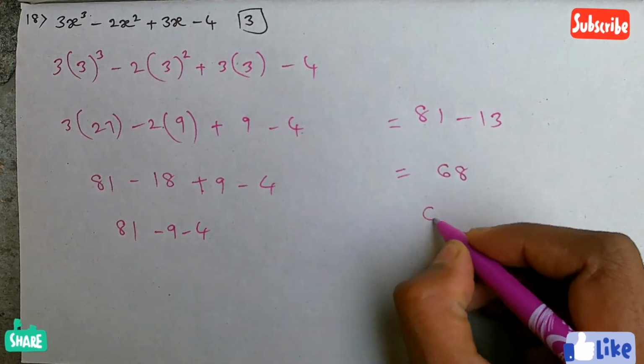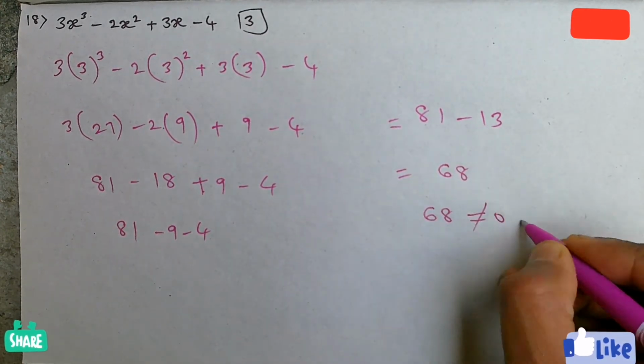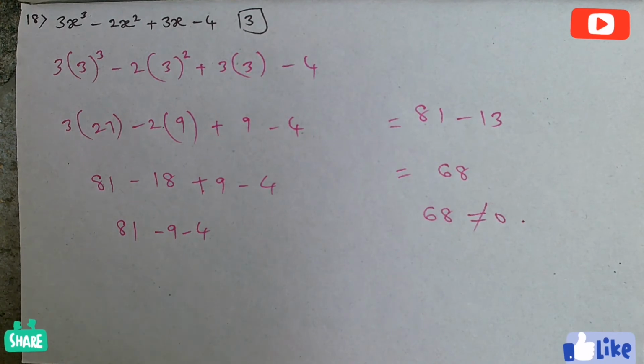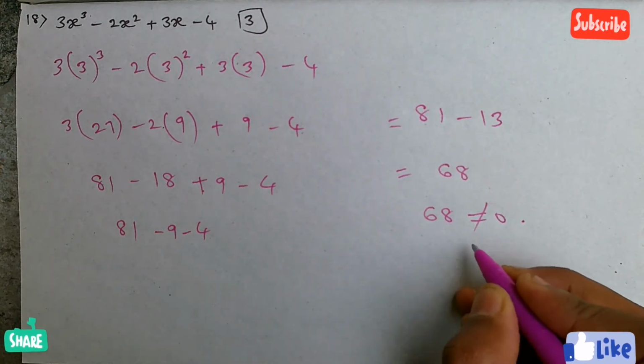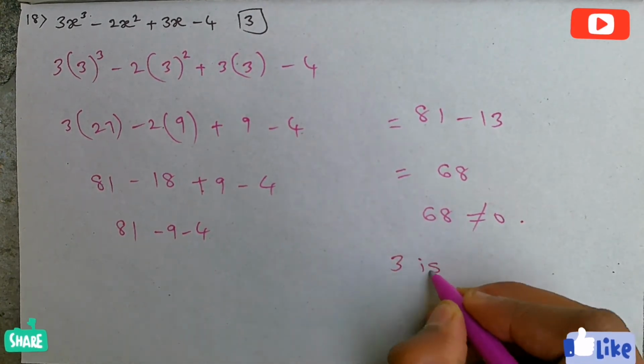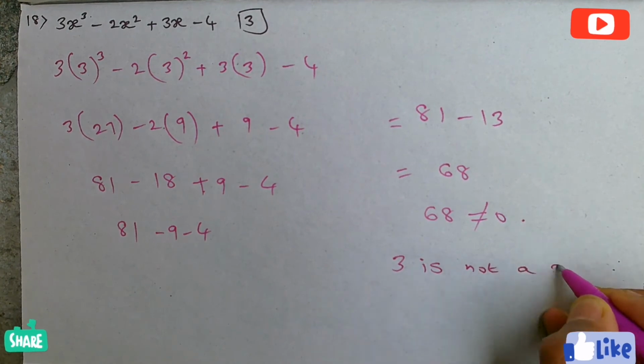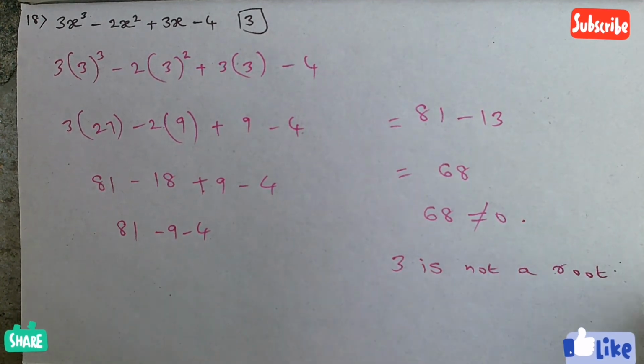So this 68 is not equals to 0. So already we know that if it is equals to 0, then only it is a root. Otherwise it is not a root. So 3 is not a root of the given polynomial.